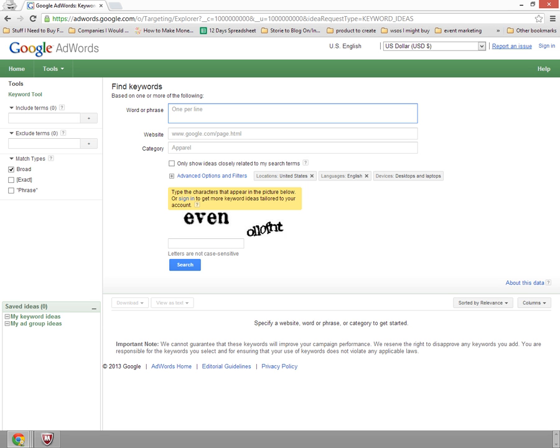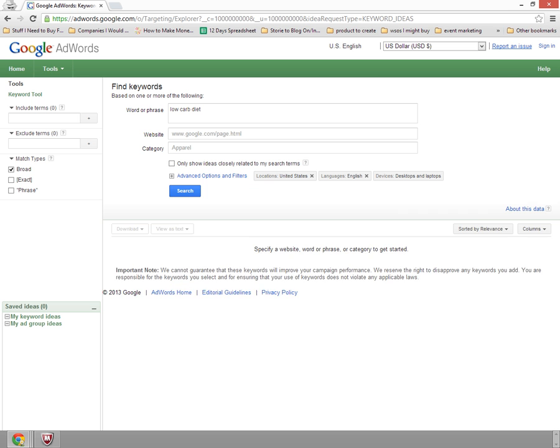So let's first start by putting a general term in here, and let's look at dieting, and maybe in particular we'll look at low carb diet. Then we'll put in the CAPTCHA, and we'll click search.